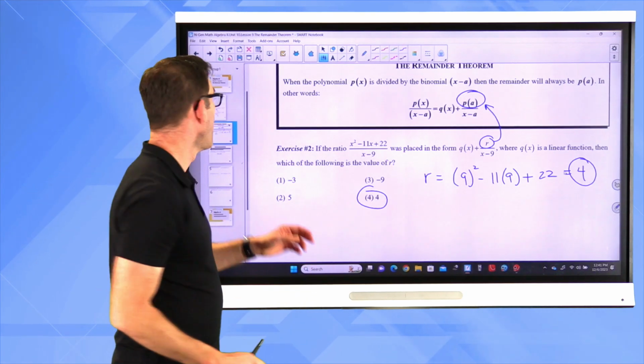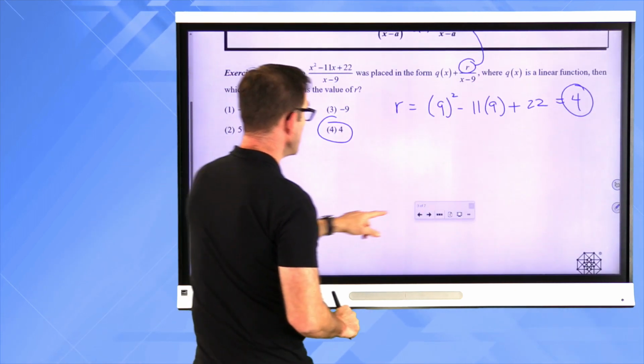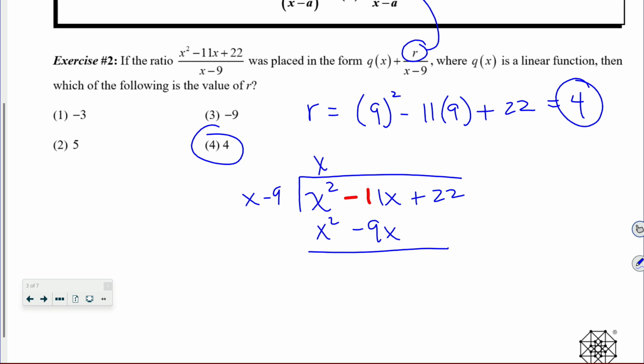Now, don't get me wrong, one other way of doing that is to literally do the division. And I can do the division quickly enough. If I actually did the division, it would look like this. Let me just really quickly pop through it.